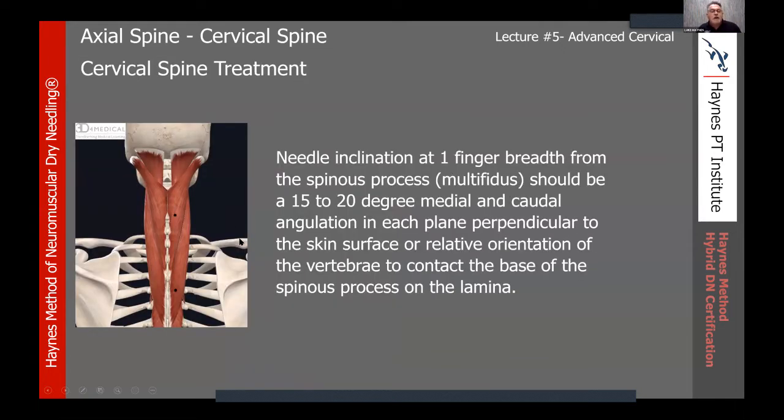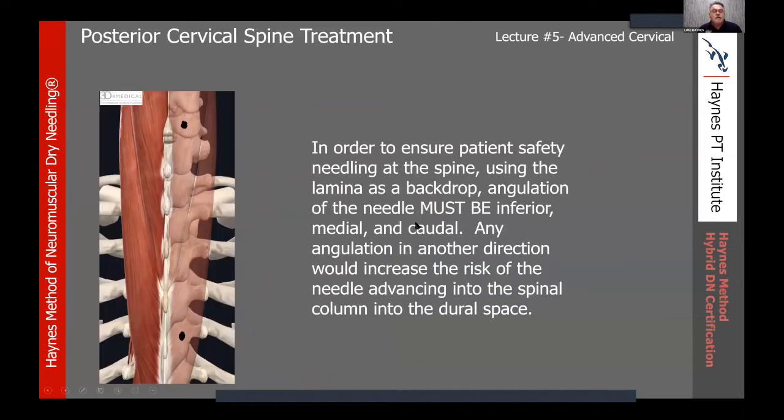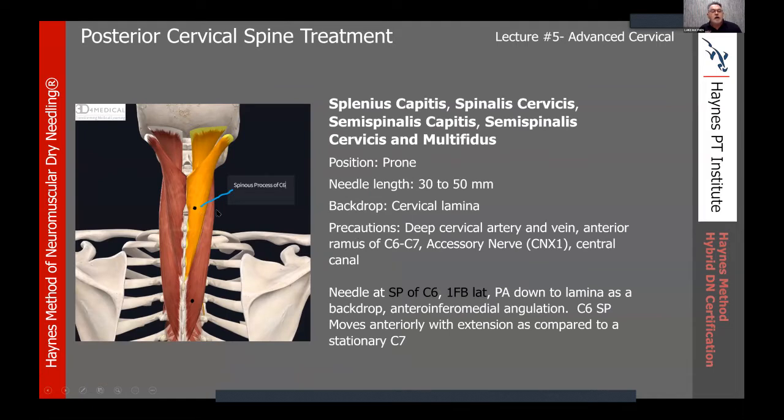We have already been through in the introductory portion the spinous process of C6 and then further down at C7. And definitely that's a critical part. One finger breadth lateral to the spinous process of both locations.